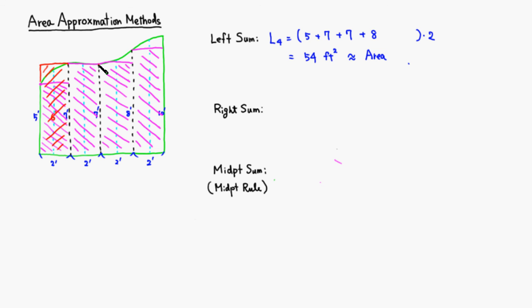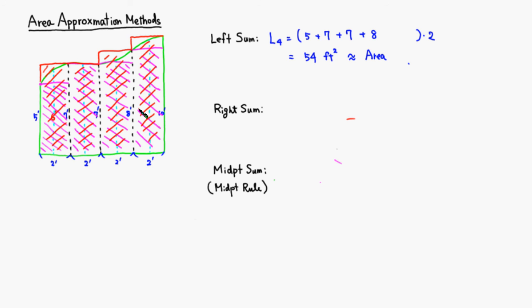I'm going to do all four first. Here the rectangle is a little bit taller than before. Here's the third rectangle, and for the last one the height is 10.